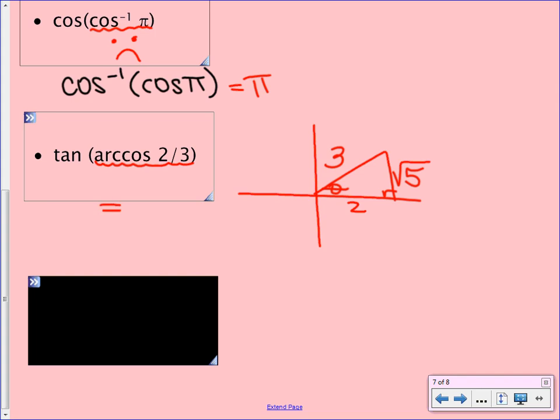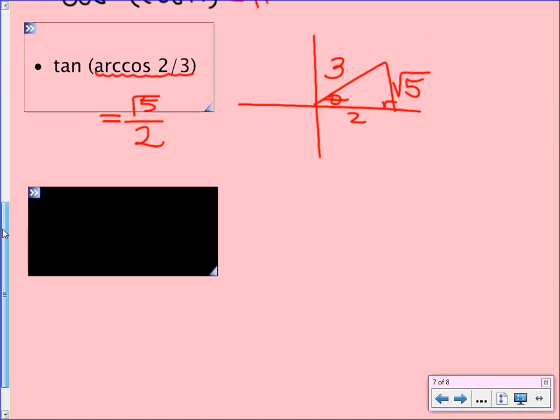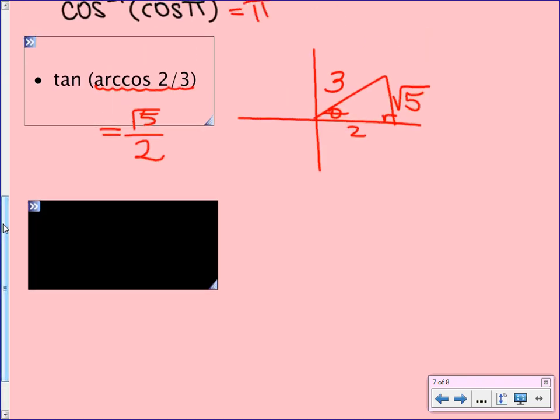Radical 5 over 2. Can you do that, where it's arc cosine and then tangent? Well, yes, we can mix these together. There's not going to be any canceling. We're just going to draw pictures.